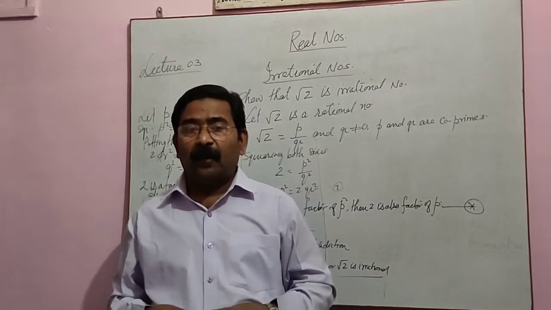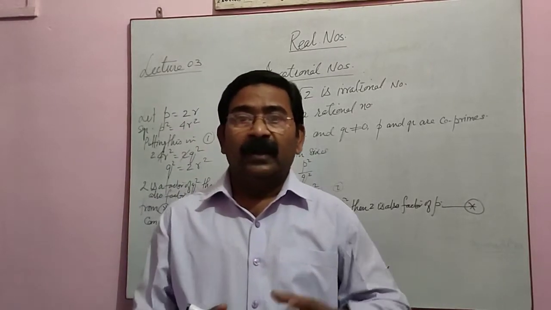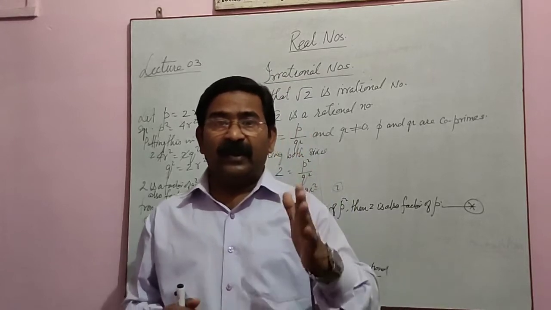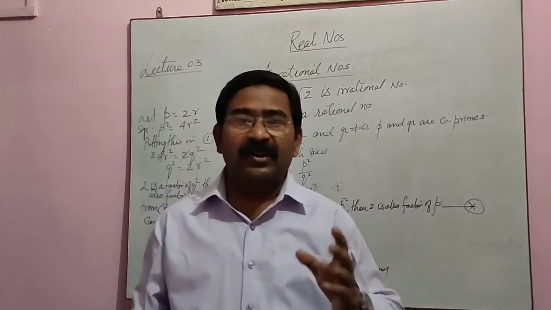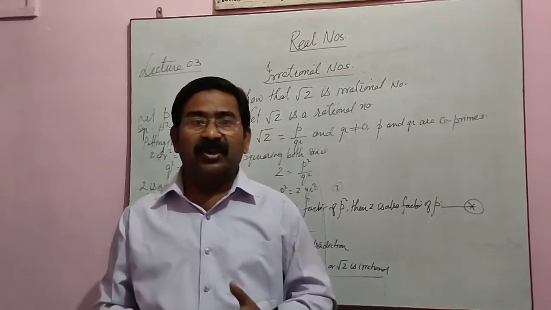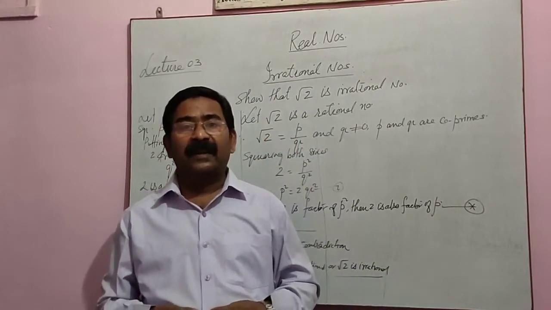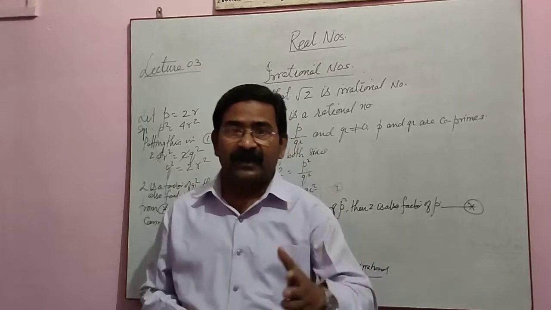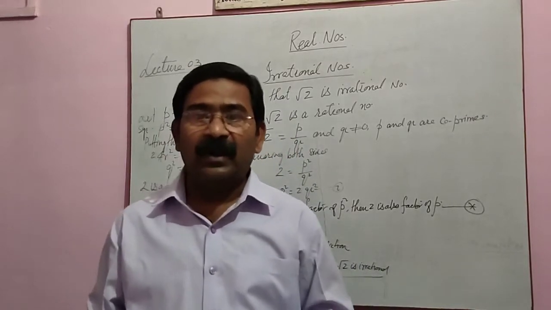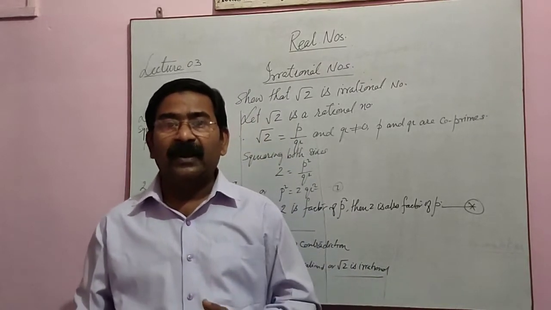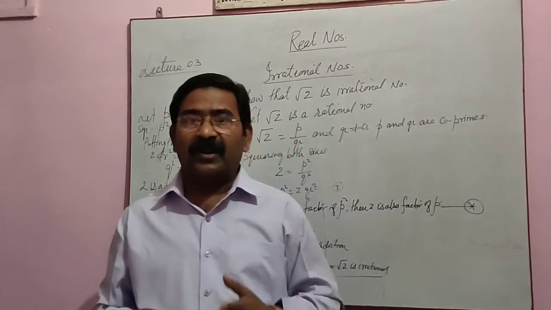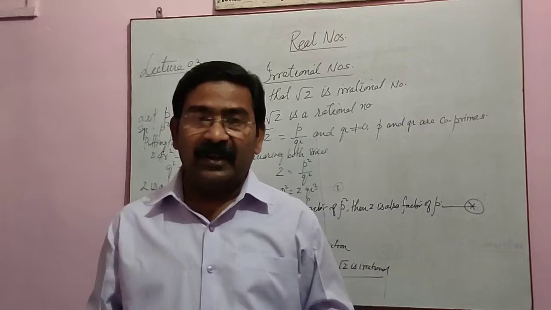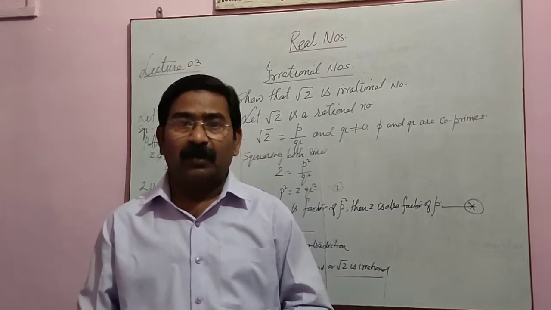Now let's see operation on two numbers in which one is rational and other is irrational. Means sum of a rational number and an irrational number is always an irrational number. Difference of a rational number and an irrational number is an irrational number. Product of a rational number and an irrational number is an irrational number.